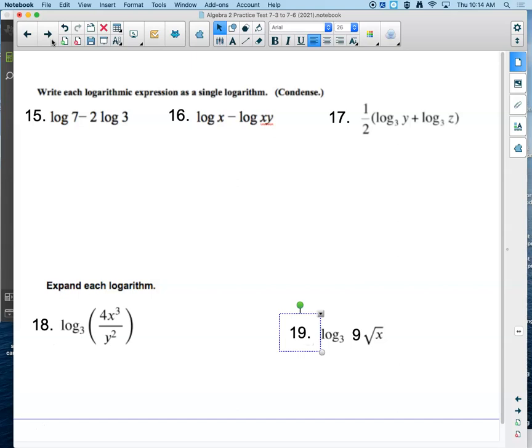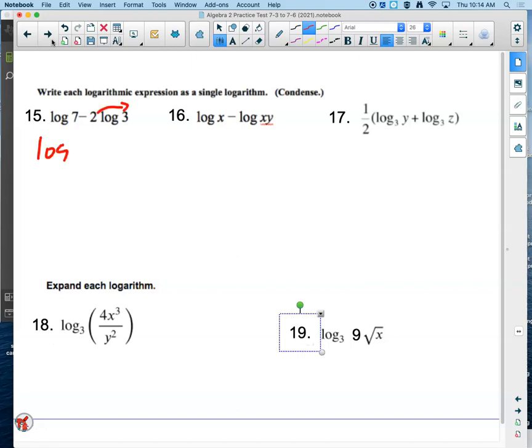All right, 15. We're writing each as a single logarithm, also known as condense. What do you see? Okay, 2 can't be there. Where's it go? Yes, that's going to be our 3 squared right there.